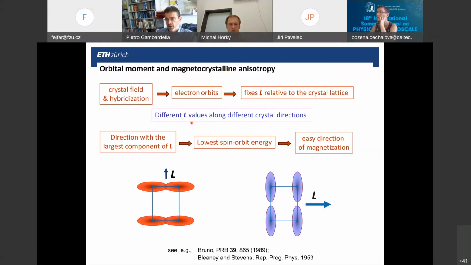So now, if that is the case, because of spin-orbit coupling, then the spin magnetization will also tend to align either parallel or anti-parallel to the direction with the largest orbital magnetization. And so this defines the easy direction of magnetization in a crystal. Okay. So, and that's when we talk about magnetocrystalline anisotropy.